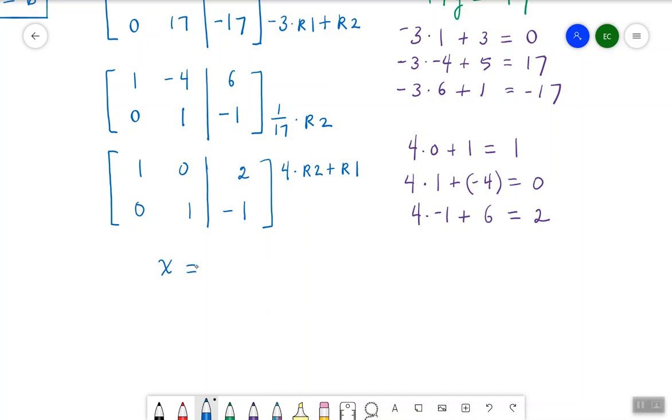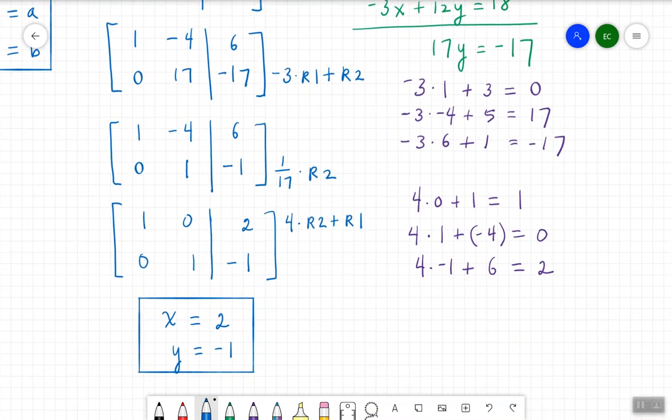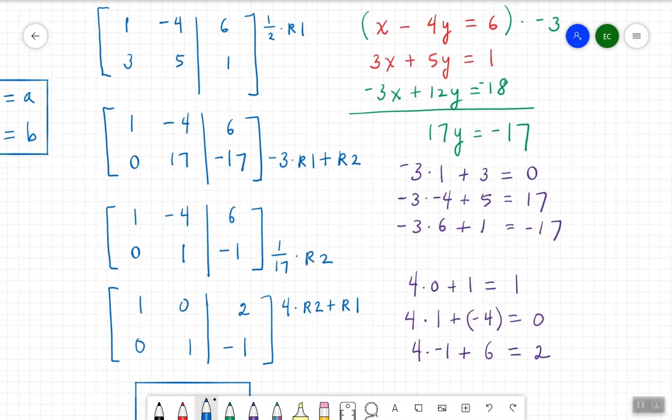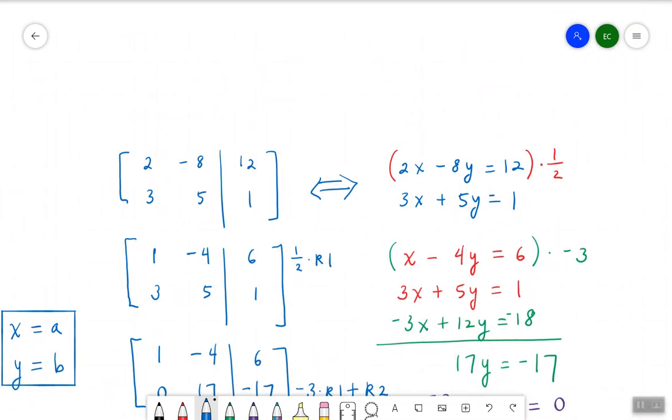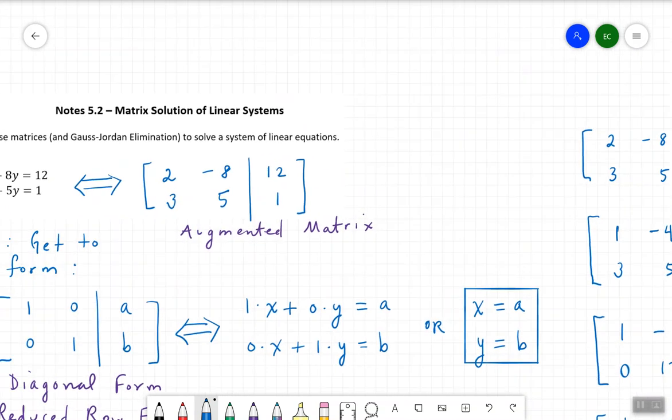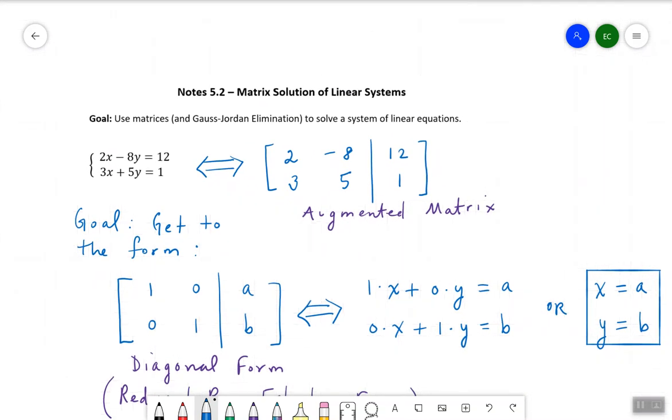Our answer is, from the first row, 1 times x plus 0 times y is just x. X equals 2. And the second row just says y equals -1. And so we could actually go back and plug those into the original equations and see that they work. So I think I'll save that for you to do on your own. So 2, -1 was the solution.